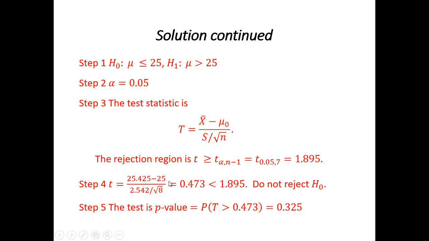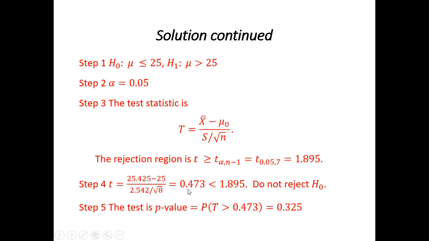So now we go ahead and run the calculations. So we have our sample mean that we get from the data, 25.425, minus the hypothesized mean, 25, coming over here. The sample standard deviation that was calculated from the data, over the square root of 8.